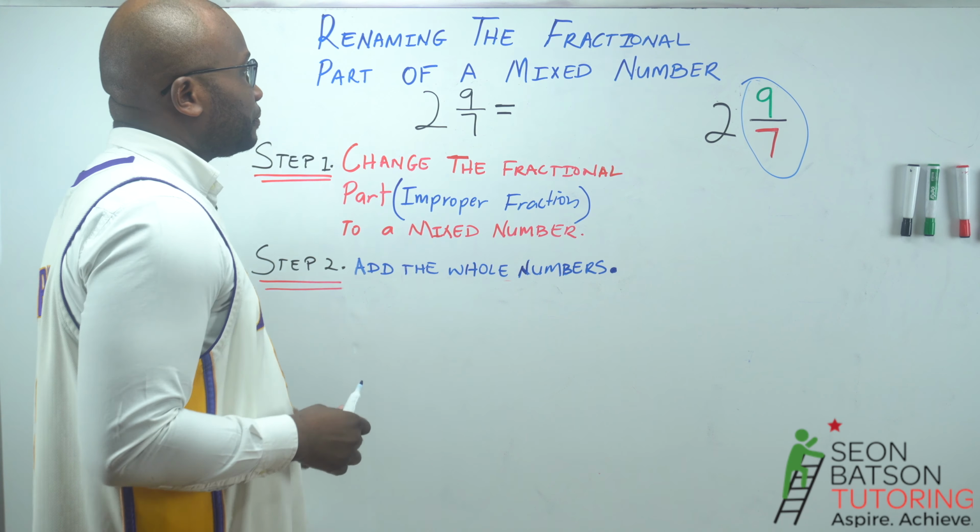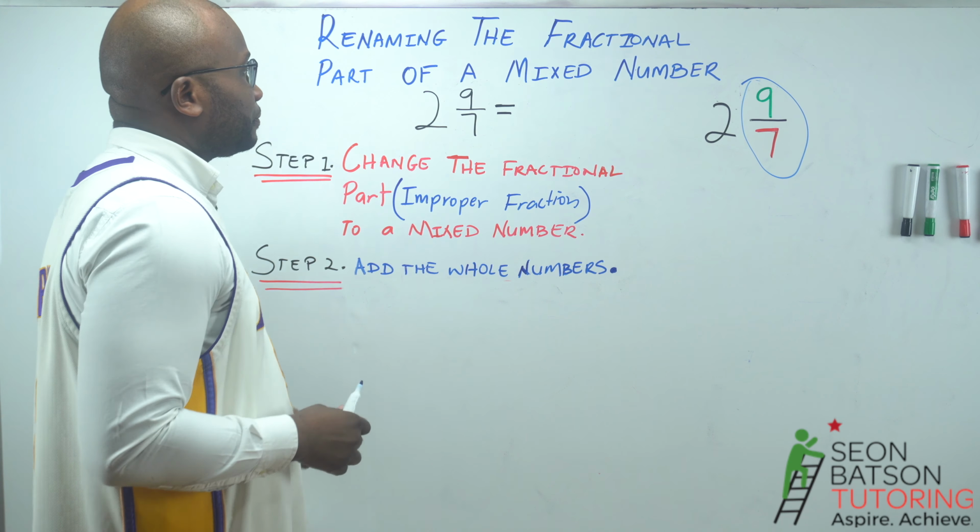So here we have 2 and 9/7. Now, the fractional part is an improper fraction. Why? Because the numerator is bigger than the denominator. And again, we can't leave an improper fraction as part of the answer. So we will need to change 9/7 to a mixed number.